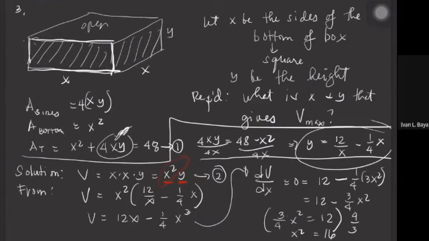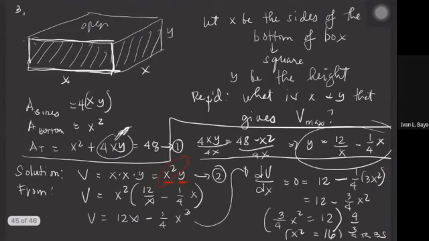And so get the square root of both sides. X squared is equal to 16. Therefore, x is equal to plus or minus 4. Of course, we use x equals 4 feet because there's no dimension that is negative.